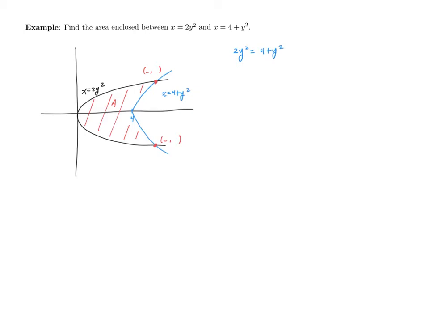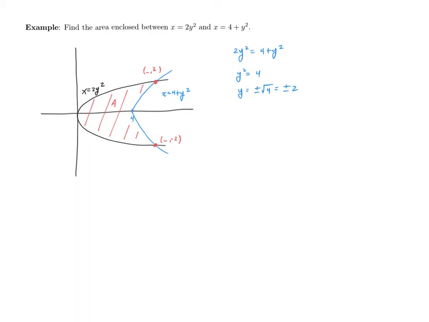So subtract y squared from both sides and solve for y. Plus or minus the square root of 4 is plus or minus 2. The y coordinate in that upper point of intersection is 2, and the bottom point of intersection is minus 2.